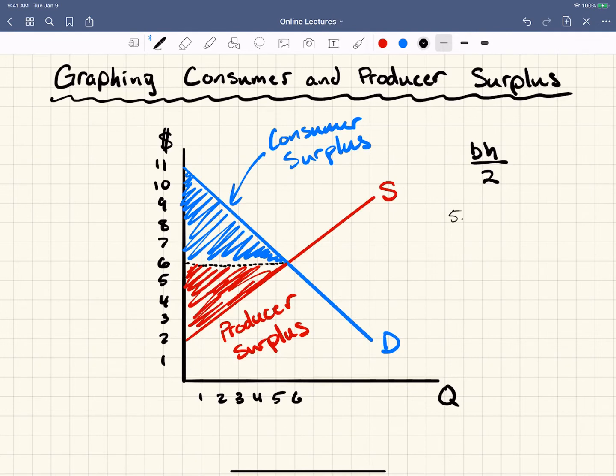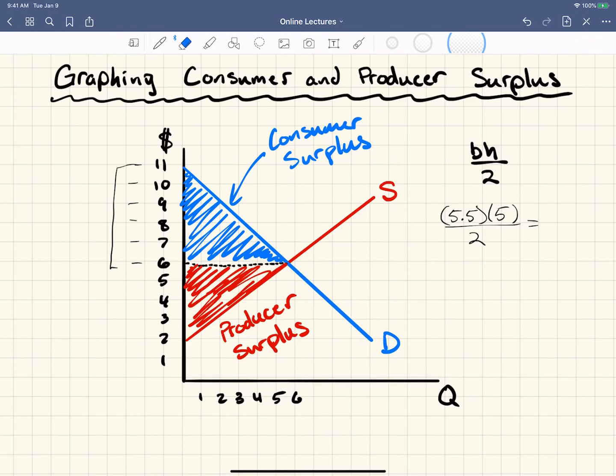So 5.5 times the height of the blue triangle, which is from 6 to, we're going to go ahead and call that, 11, which is 5. 1, 2, 3, 4, 5. And so 5.5 times 5, and that's divided by 2. 5.5 times 5 should be, well, let me just grab my calculator here.